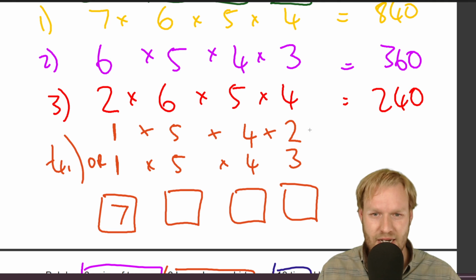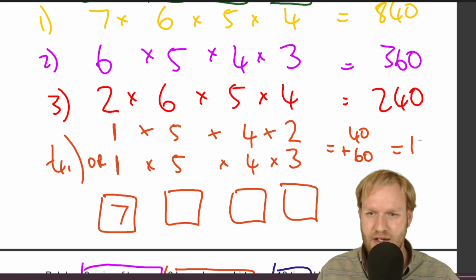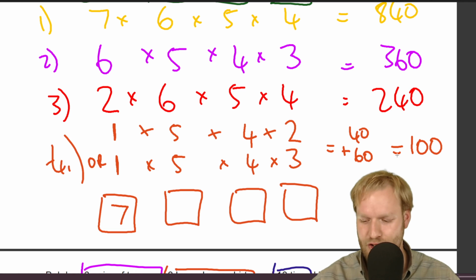So if we combine these, we've got 1 times 5 times 4 times 2, that's 40, plus 1 times 5 times 4 times 3, that is 60, which gives us 100 different combinations. That was a nice one to end off with.